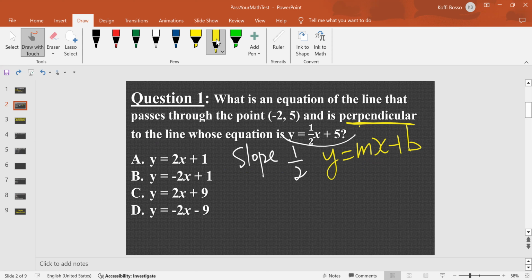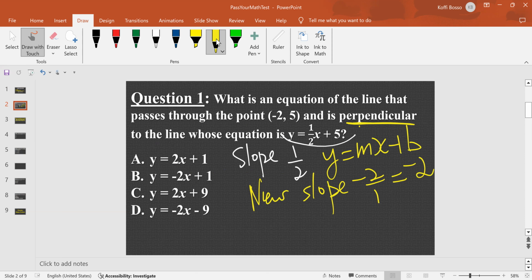A positive slope changes its sign to negative, and then we flip the slope. Therefore, our new slope is negative 2 over 1, which is negative 2.